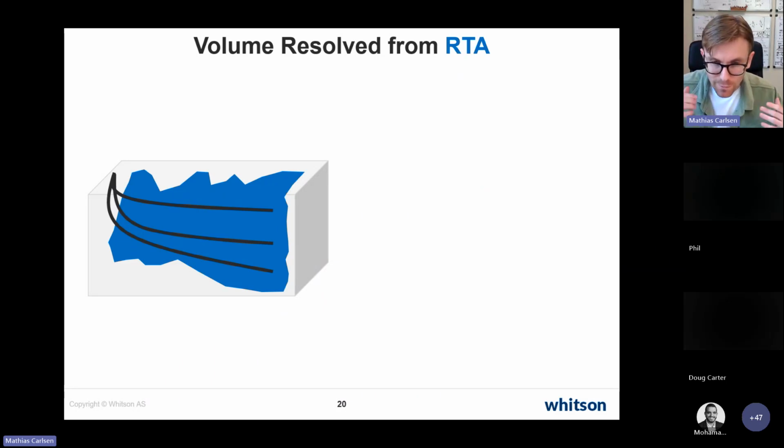And the volume that the RTA exercises and also flow material balance exercises are resolving for you is whatever you're able to contact, which means, if you want to think about it simply, it will be the part of the reservoir that, over the lifetime of the well, over 50 years, you will be able to draw down the pressure to the abandonment pressure. So that's an intuitive way of thinking of what this volume is. It's whatever the well is seeing, and not necessarily all the volume that's down there.